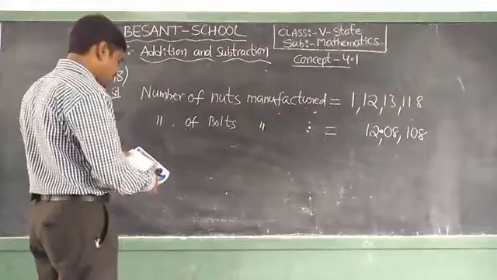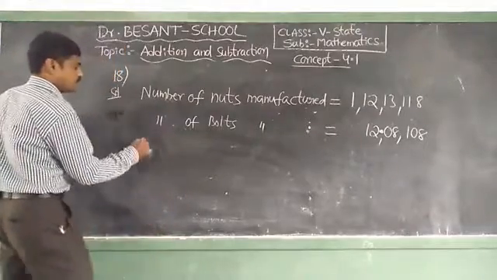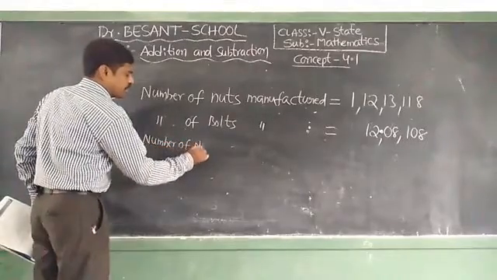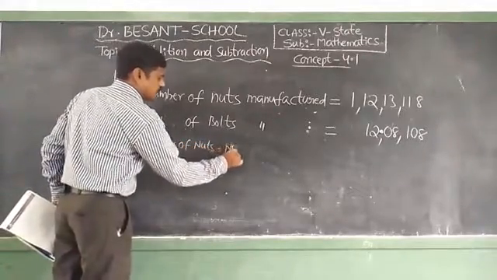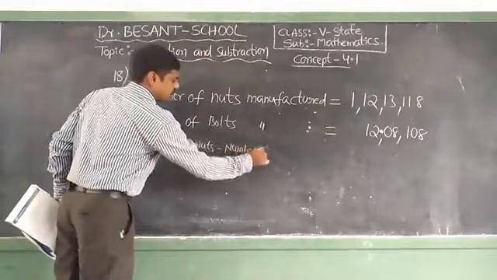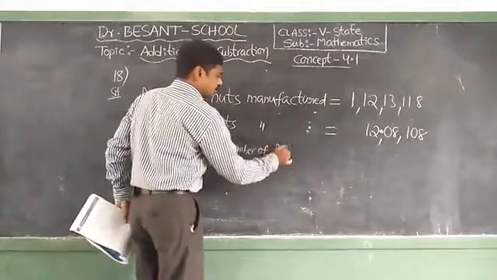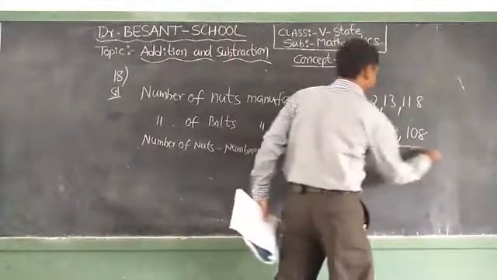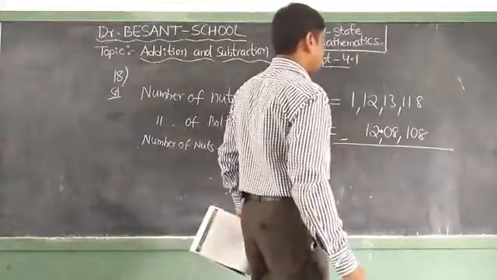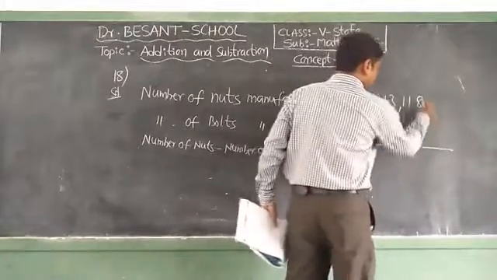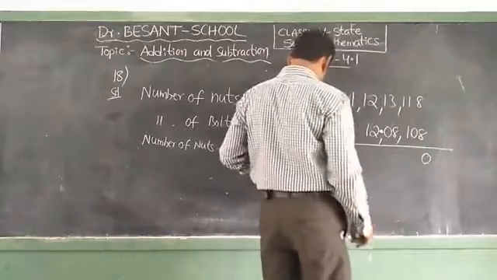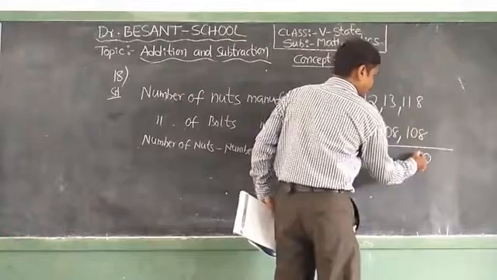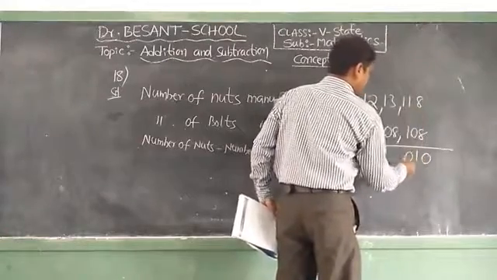Therefore, number of nuts minus number of bolts, that is equal to, we have to subtract. 8 minus 8 is 0. Okay, 1 minus 0 is 1, 1 minus 1 is 0.